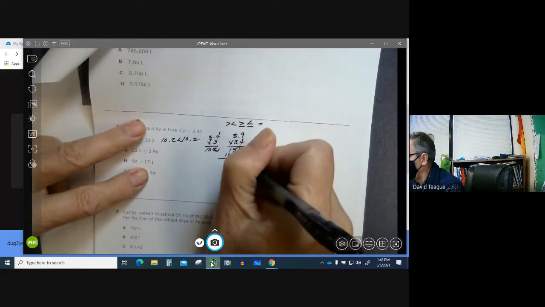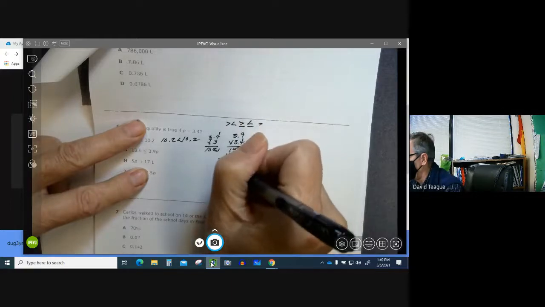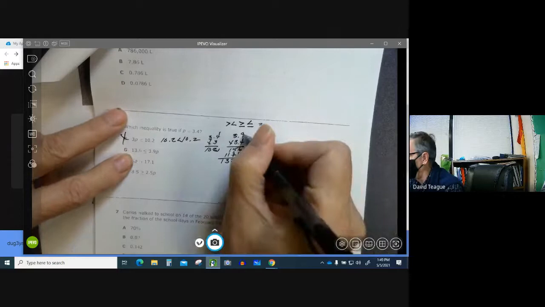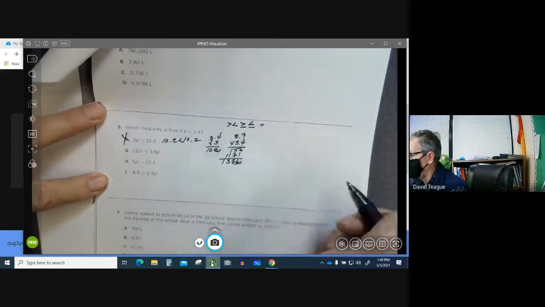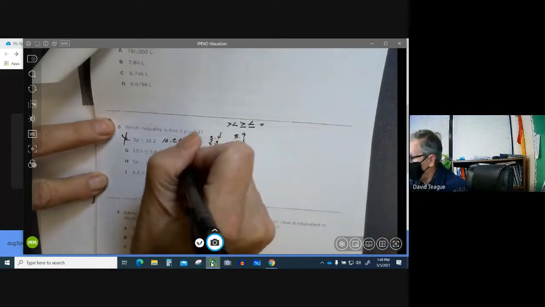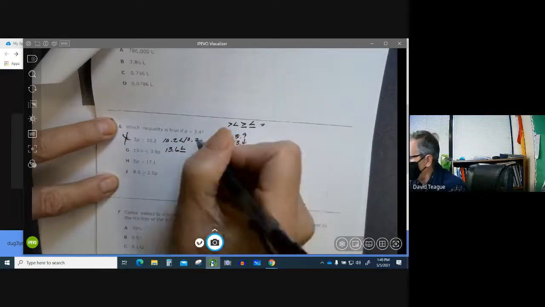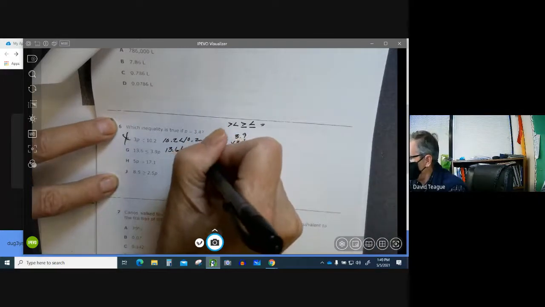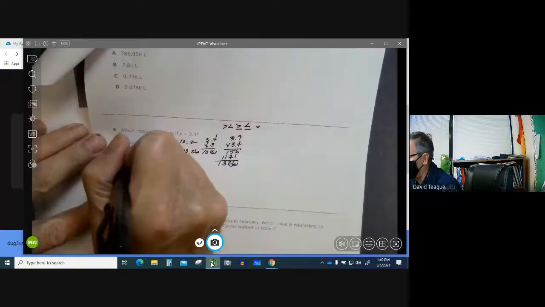Here's 6, 7, 8, 9, 10, 11, 12. Put down the 2. Carry the 1. That's 3. That's 1. And I have 2 decimal places. So I have to take my decimal point. 1, 2. I have 13.26. So 13.6 is less than or equal to 13.26. Is that a true inequality? No, 13.6 is greater than. So guess what? That's not right.